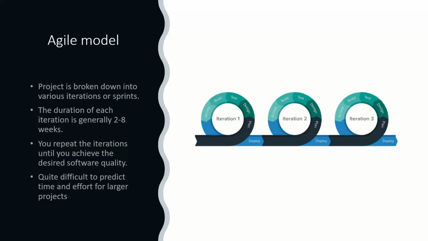In iteration 1, they develop the prototype. If in the middle the client comes and wants to incorporate some changes, then they have a chance to incorporate those changes in iteration 2. If the client wants any enhancements, those changes will be incorporated in iteration 3.